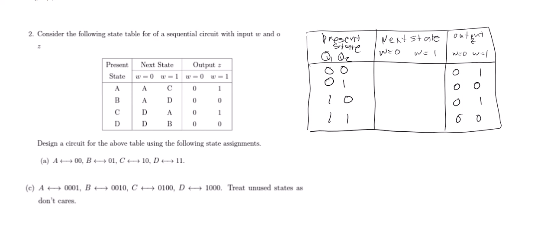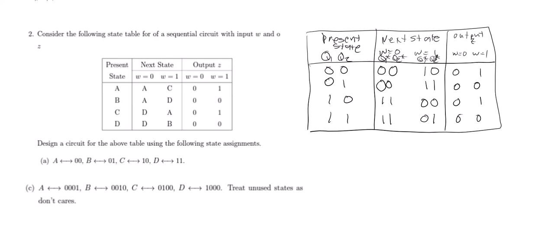And then I'll replace all of my A's with 0, 0s, and my B's with 0, 1, and C with 1, 0, and D with 1, 1. And this is Q1 star, Q2 star, Q1 star, Q2 star.